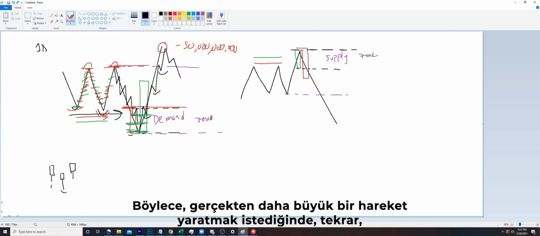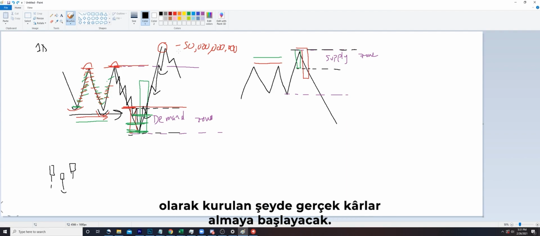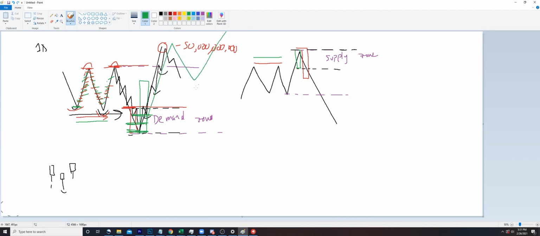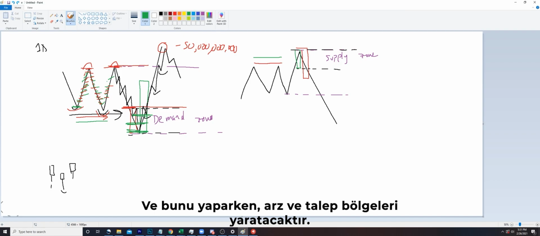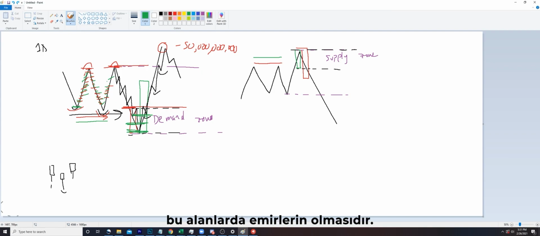So that way, when he really wants to create the larger move, again, this is the Composite Man, he'll sell extremely heavily, buy extremely heavily, and start to take real profits in what might be established as a new bullish trend. And as he does that, he will create areas of supply and demand. Now the reason we call these areas of demand and supply is because there are orders in these areas, right?